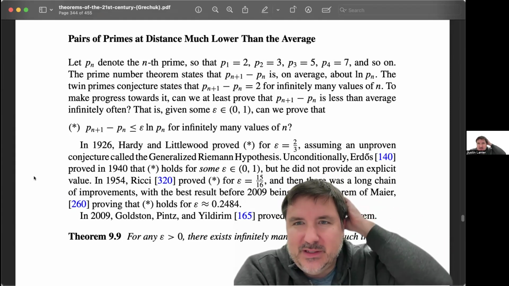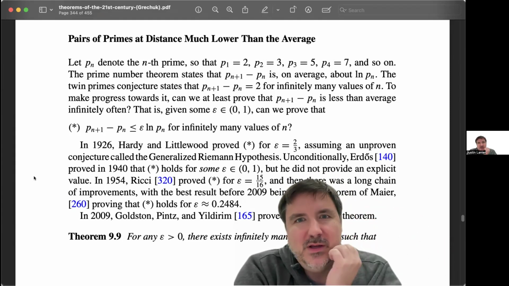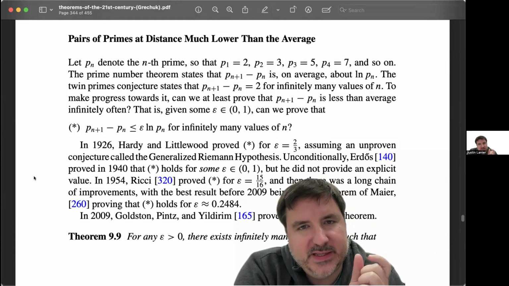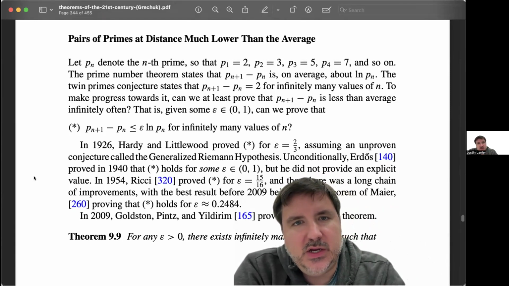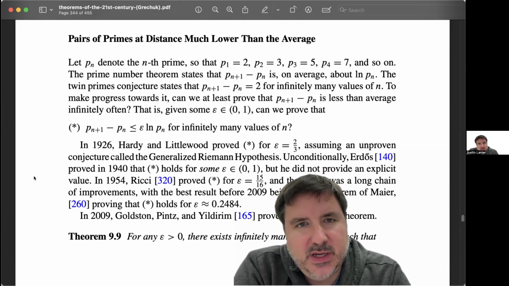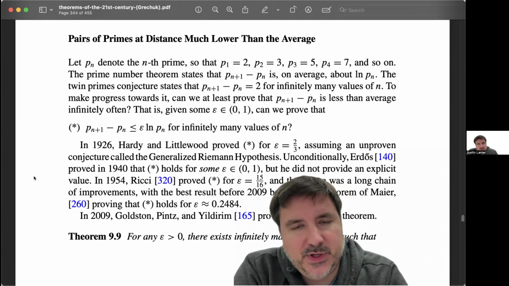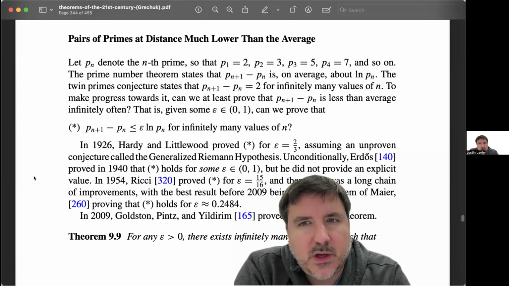So on average, about the natural log of the nth prime. The twin primes conjecture states that the ones that are next to each other, p n minus, okay, the nth one and the n plus first one, when you subtract them, you get 2. But we're not going to do that.